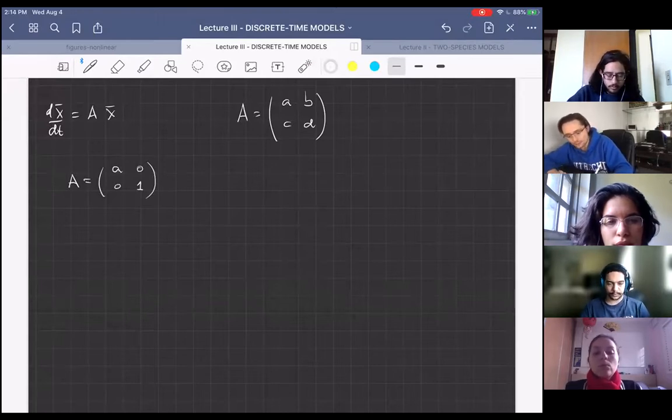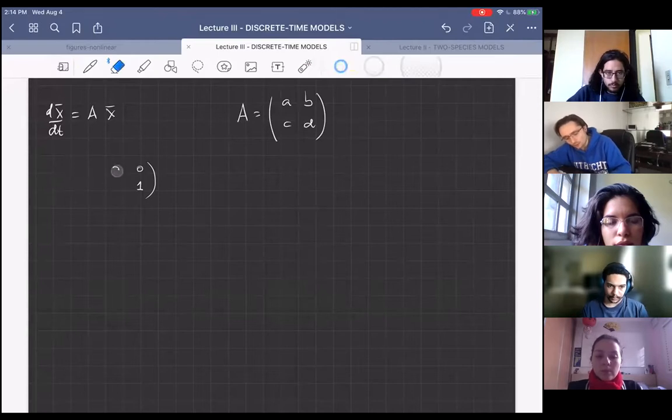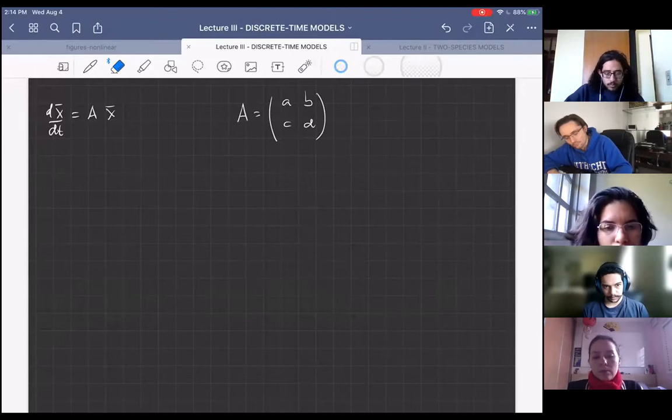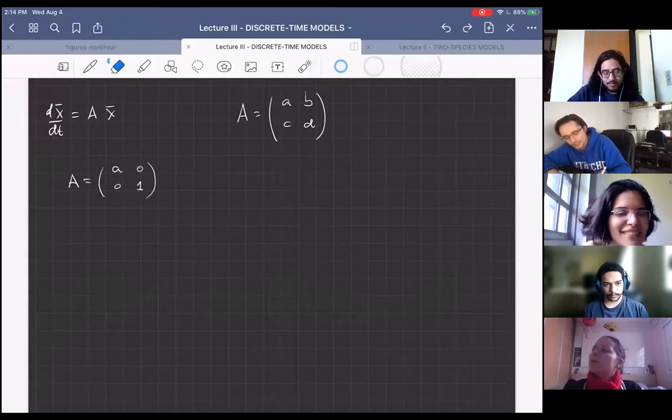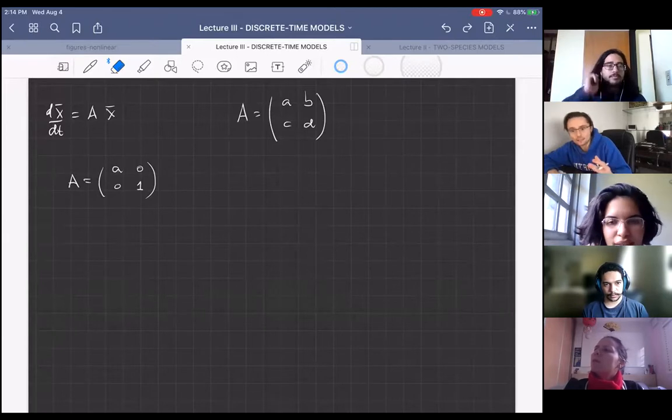Yes, sorry, let's take this one. In this case, what is interesting is that the dynamics in each of the dimensions is decoupled.